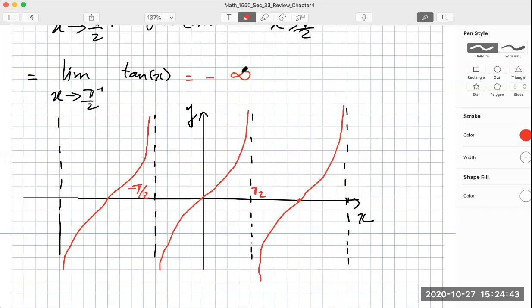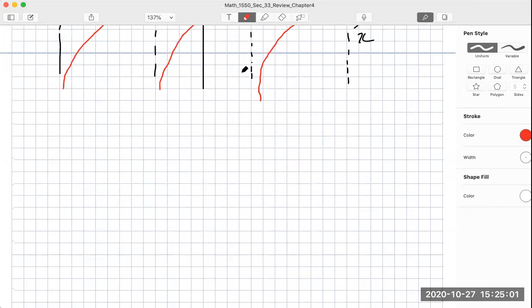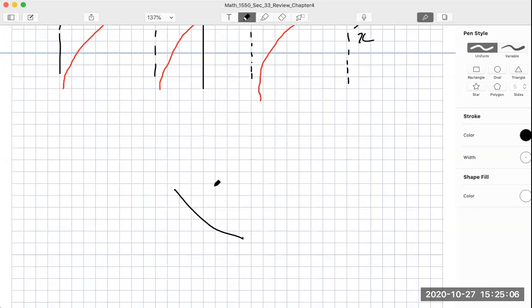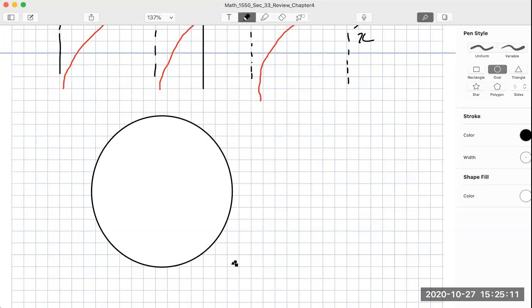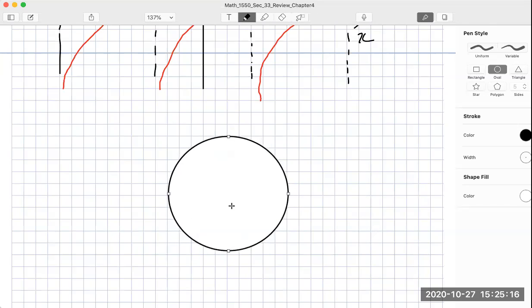So this is one way to get the result, right? But if you don't remember the graph here, how can we find it, right? So it's not too difficult. Let me show you the unit circle, as we mentioned many times in the class. This is the unit circle.